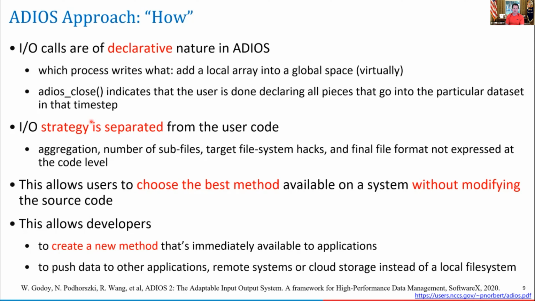So what we try to do is eliminate most of the file system hacks that people do. When you look at the data, everything looks like it's just one file, but this file can contain many complex objects inside. This allows users to choose the best method without modifying the source code at all.